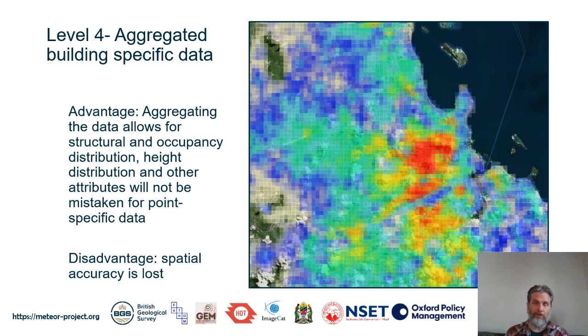Likely it won't. And it might not have any information on the vulnerability. So you would take that OSM data, aggregate it to that gridded level, and then on top of that, perhaps come up with a structural distribution of the vulnerability attributes that are available on a gridded basis or on a neighborhood basis, and then apply to those grid cells.